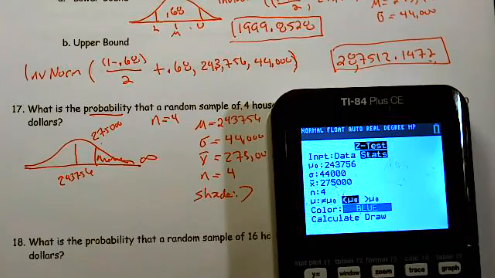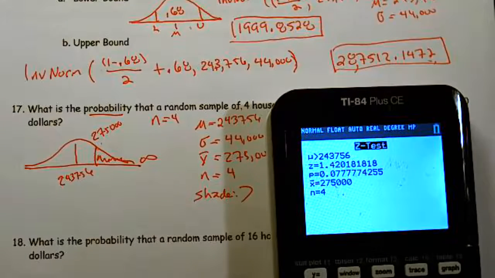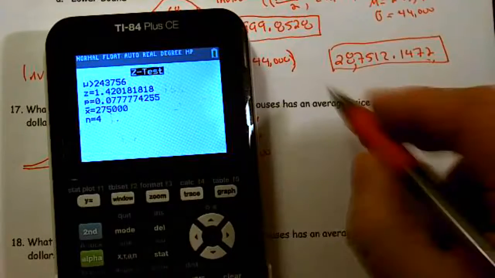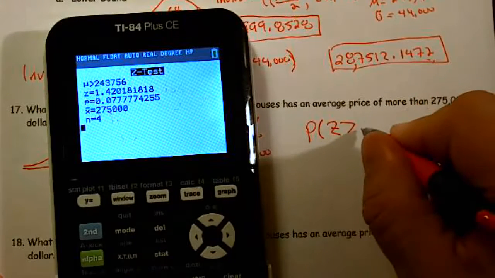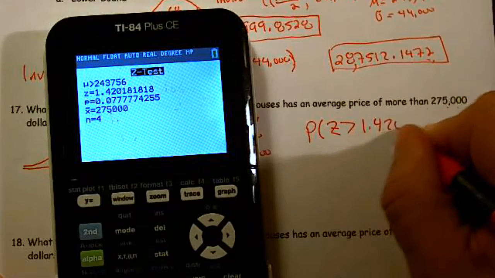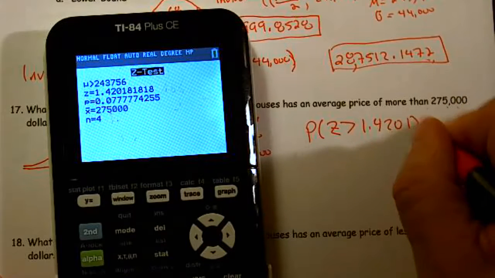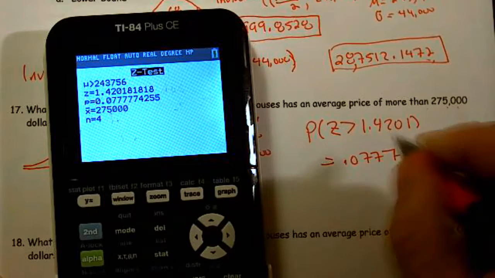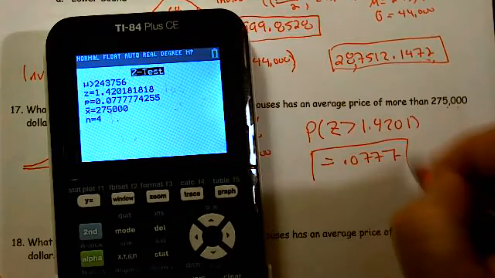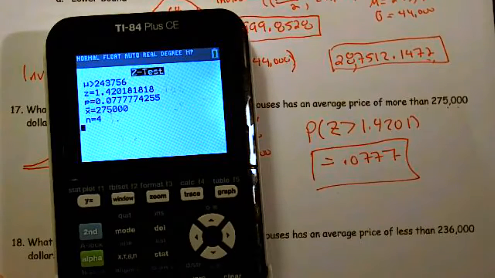Sample of size 4. And we shaded to the right, so we need to make sure we choose the greater than. And when we do that, we're going to get the probability that Z is greater than 1.4201, and that equals 0.0777. And the 0.0777 is what goes into the Google form.